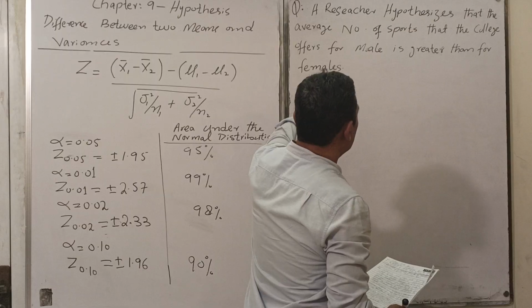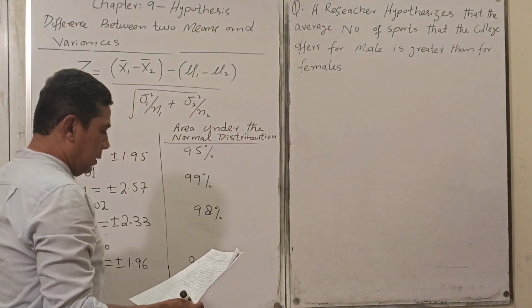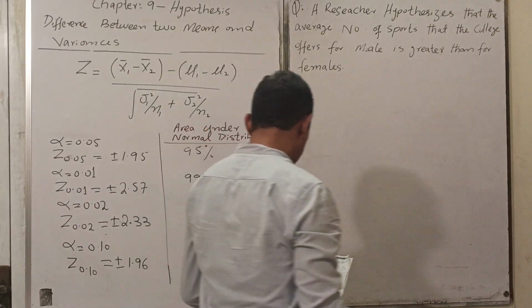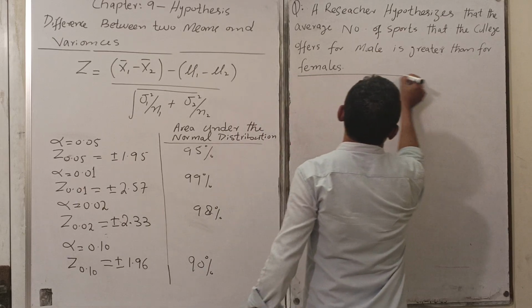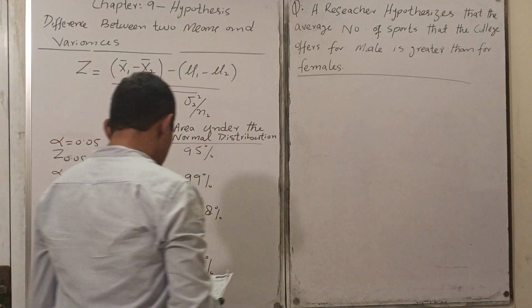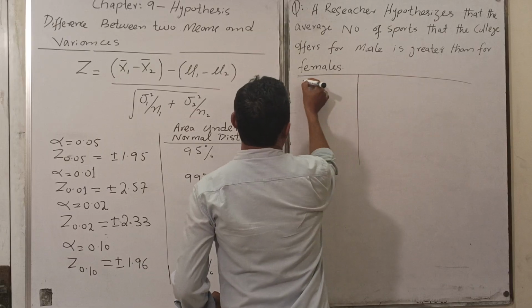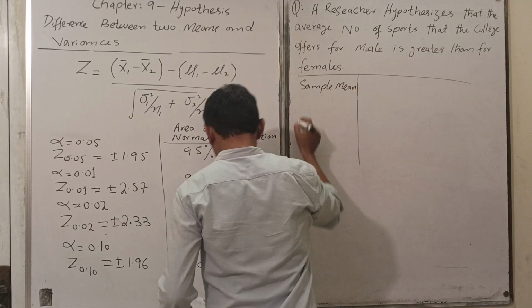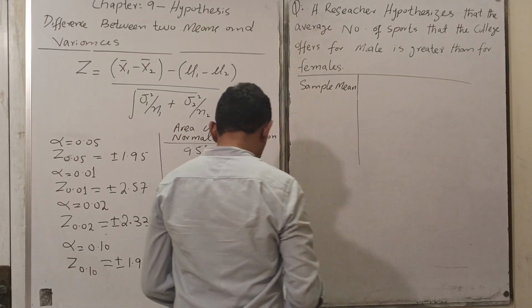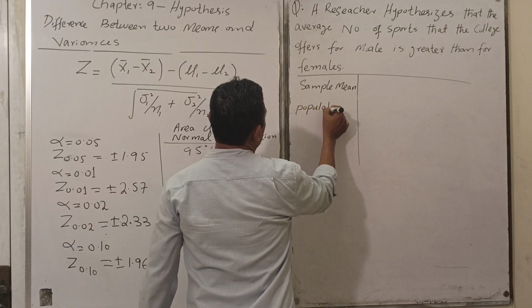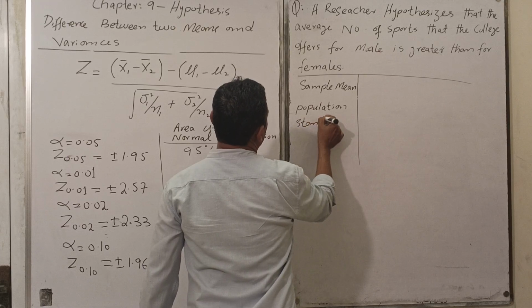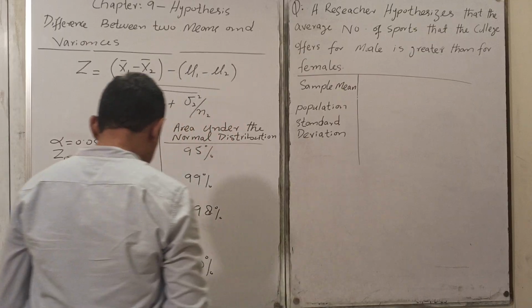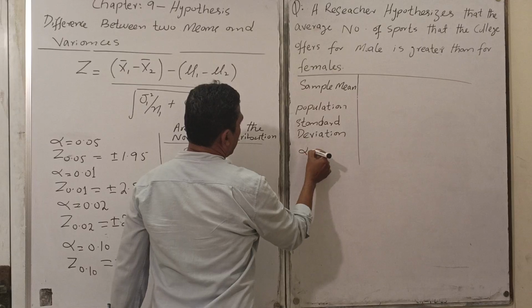Null hypothesis is, for example, what about the average? The statistics are given: sample mean, population standard deviation, and alpha 0.10.